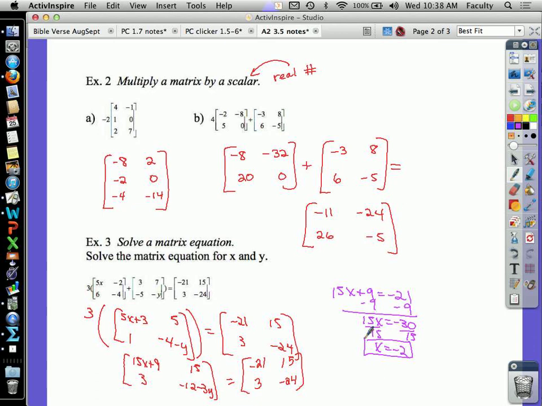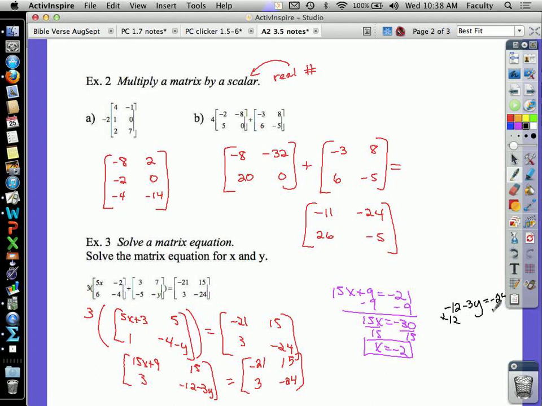And then let's do what he said with the second part. We're going to say negative 4 minus y has to equal negative 24. The negative 12 minus 3y. Oops, thank you. I don't know where I got that from. Thank you. Okay, so negative 12 minus 3y equals negative 24.